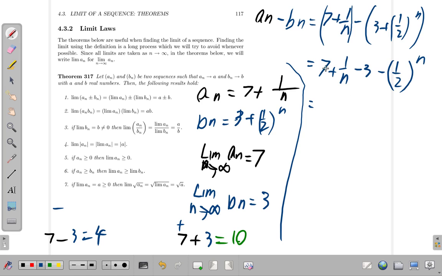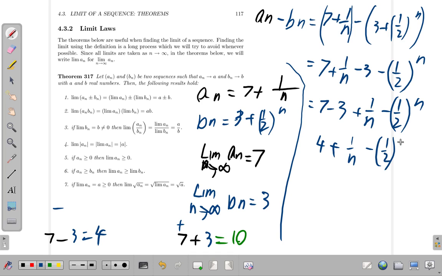Now, if we put the numbers together, 7 minus 3, and the n terms together, plus 1 over n minus half to the n. Here, 7 minus 3 is 4, plus 1 over n minus a half to the n.